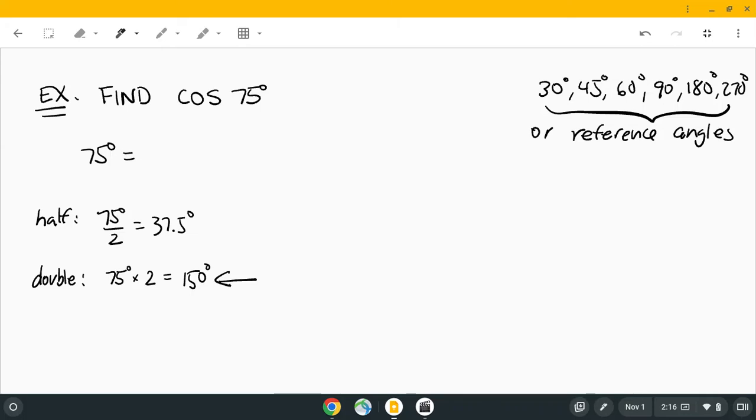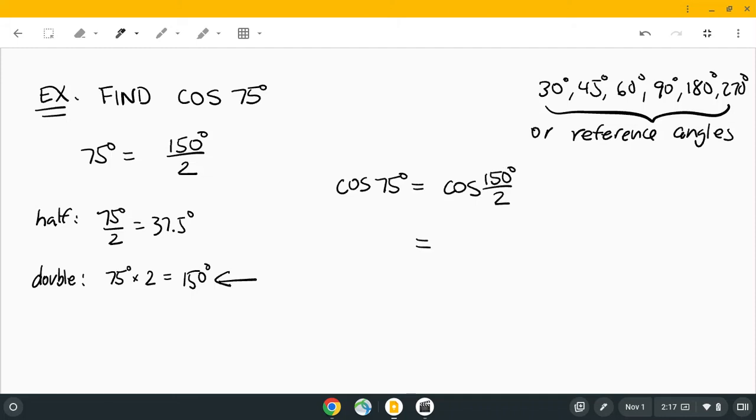75 degrees is going to be 150 degrees over 2. 75 is 150 divided by 2. So then here, cosine 75 is going to be cosine of 150 over 2.